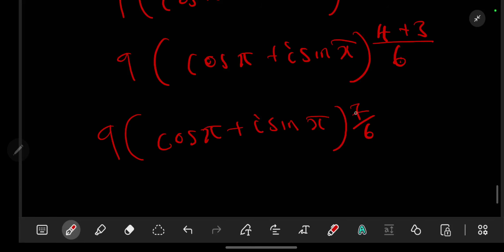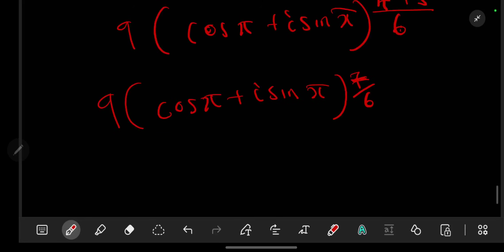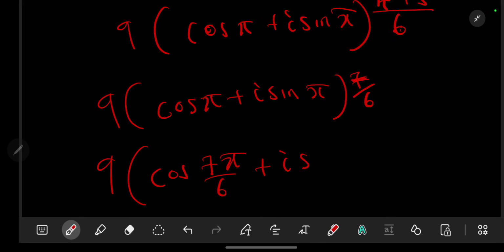Then all we have to do is let this 7 return there, so it will be 9 by our cos of 7 pi over 6 plus our i sine of 7 pi over 6 like that.